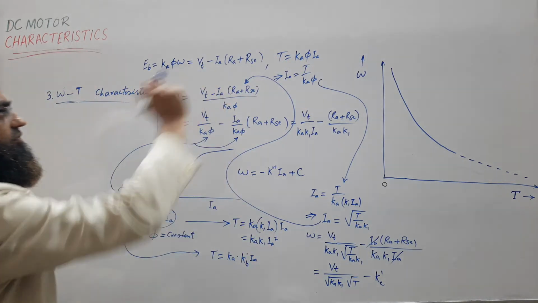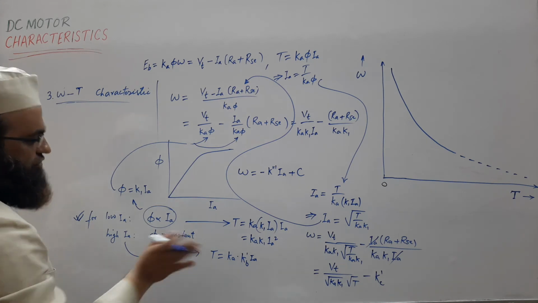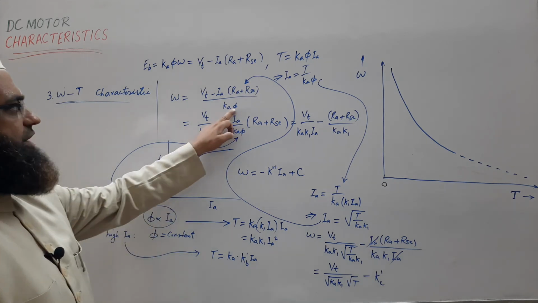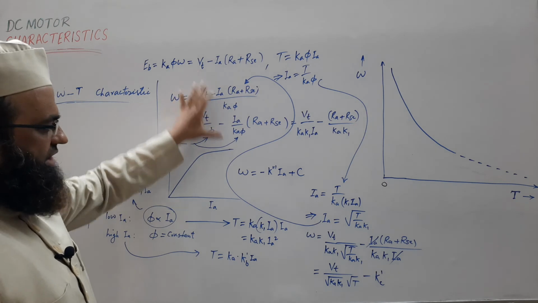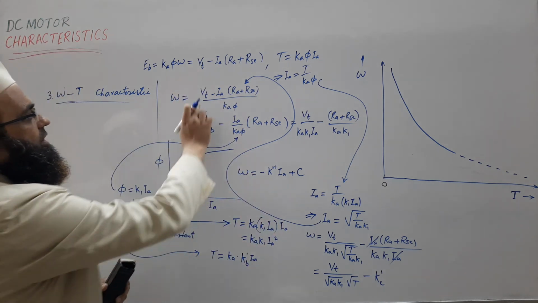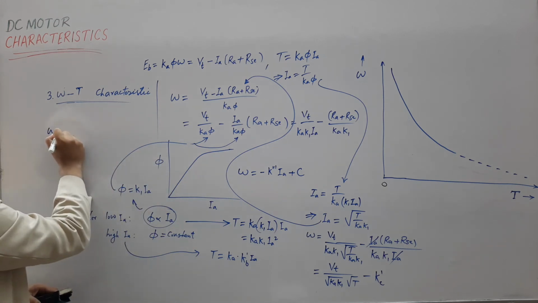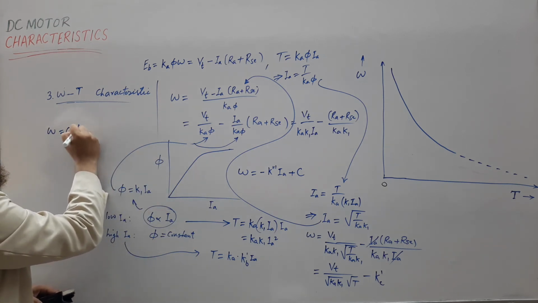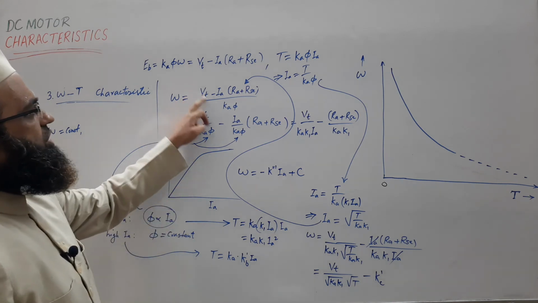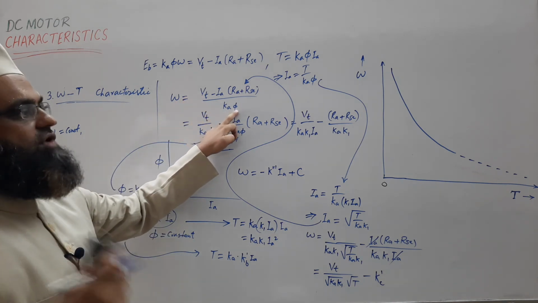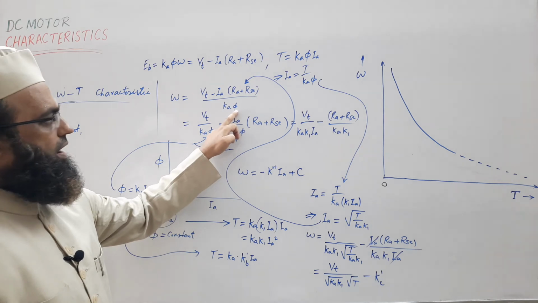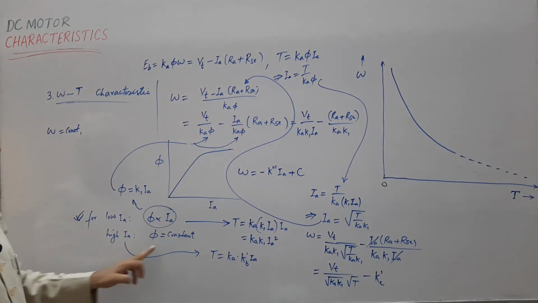When torque is high, Ia is high, and vice versa. So for a higher value of torque, phi is constant. Once phi is constant, we will have constant upon constant, some constant. So write here omega is equal to constant 1, this Vt upon K times phi, where phi is constant. For a higher value of torque, Ia is high. For a higher value of Ia, phi is constant.